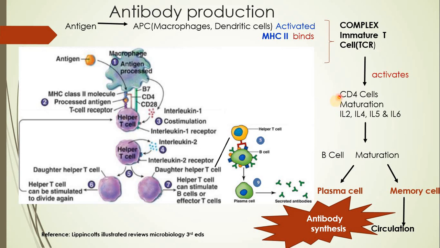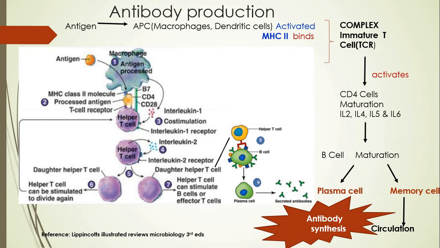But T lymphocyte by itself cannot show any interaction unless it comes across the activated immunocompetent cells, which are called APC, that is antigen presenting cell. And these antigen presenting cells are unique because their MHC II molecule contains the processed antigen.